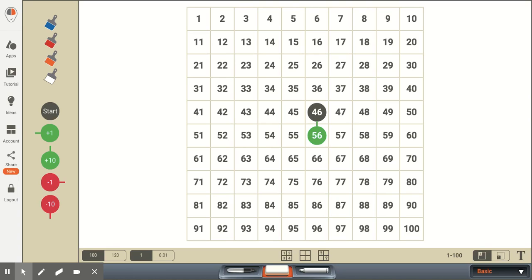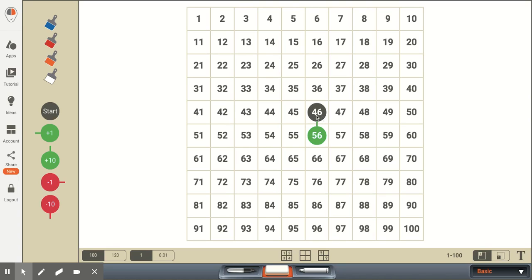If you need to, maybe start by using the number grid, showing your first grader, for instance, 46, and if we add 10 more, it's 56. But we want them to get to the point where they can just do this automatically. And as far as the reasoning used, 46 has four tens and six ones.